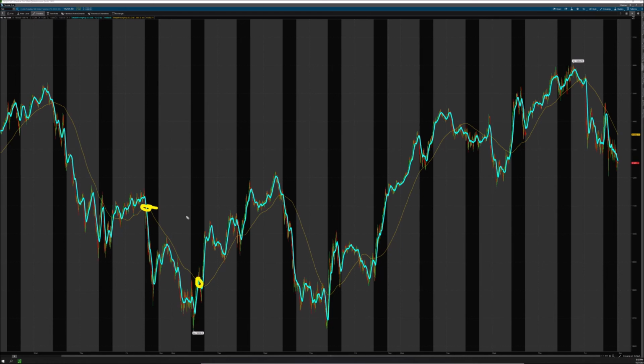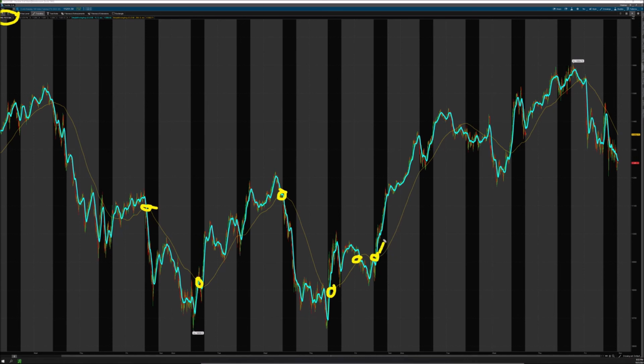This is on the 5 minute chart, and this is 15 days of history. Again, the 15 and 200 there, 15, 200 here, here, here.